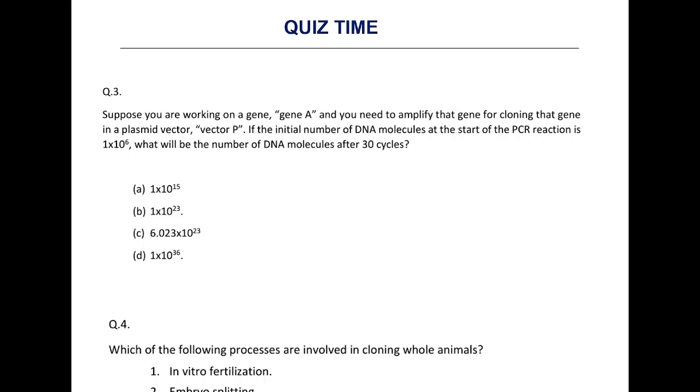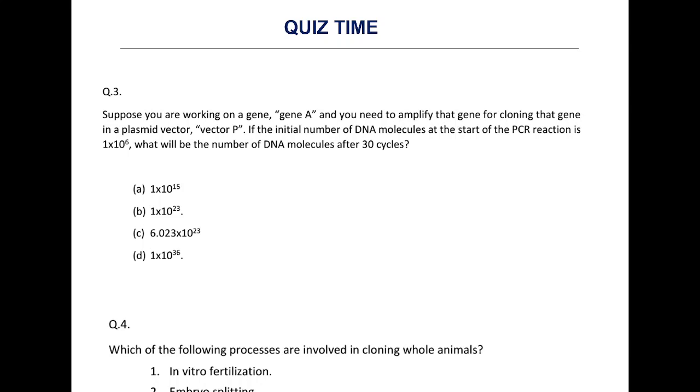So how will you do it? First you need to find the number of DNA molecules after a PCR reaction. So let us do it in this manner. The final number of DNA molecules will be equal to the initial number of DNA molecules times 2^n, where n is the number of cycles.